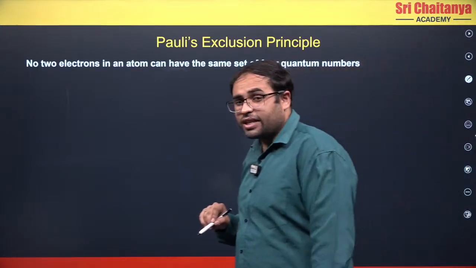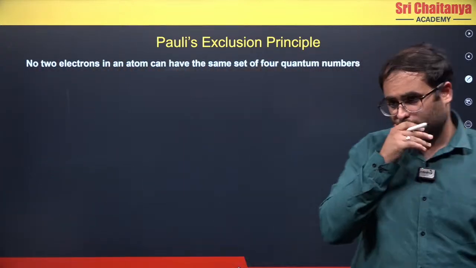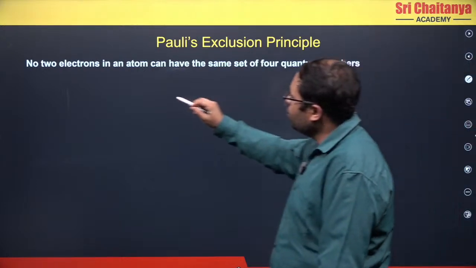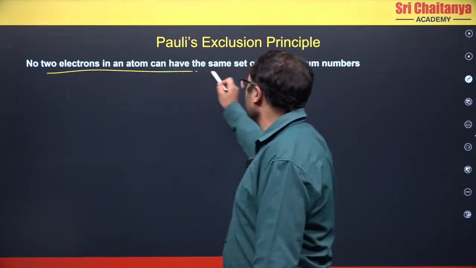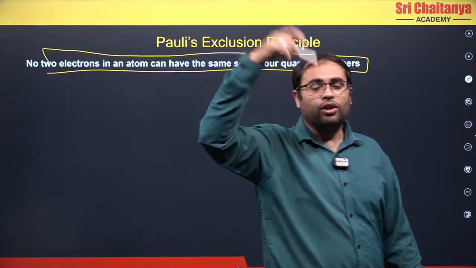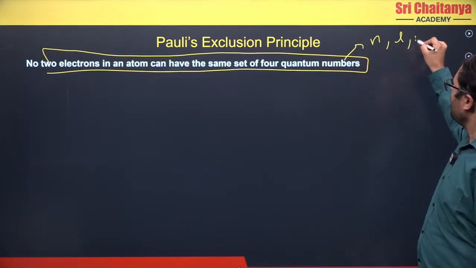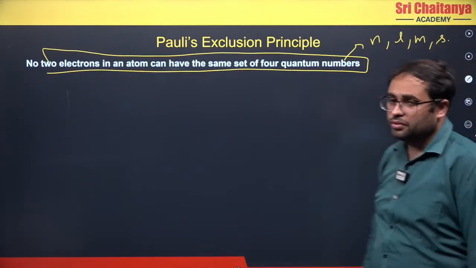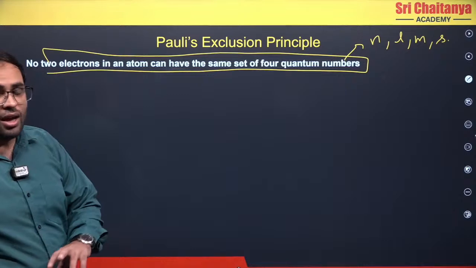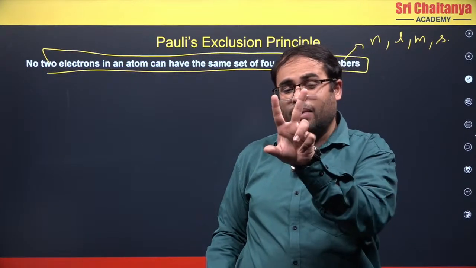Next is Pauli's exclusion principle. What does it tell us? This line will be written: no 2 electrons in an atom can have the same set of 4 quantum numbers. What are the 4 quantum numbers? n, l, m and small s. So what do I mean? No 2 electrons can have the same address.